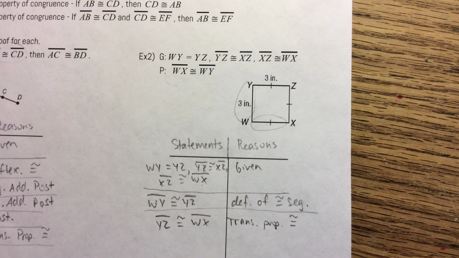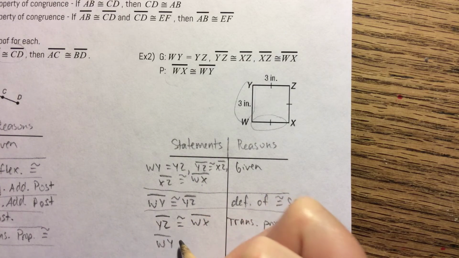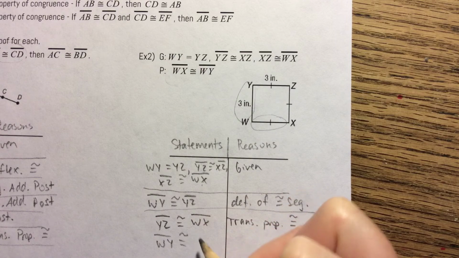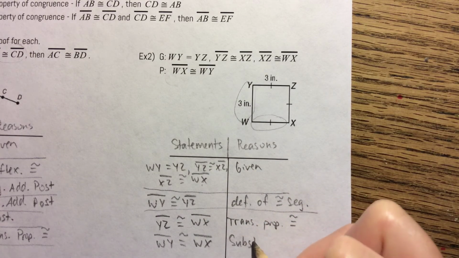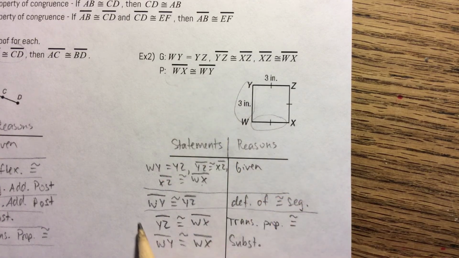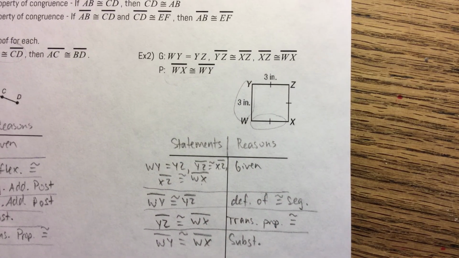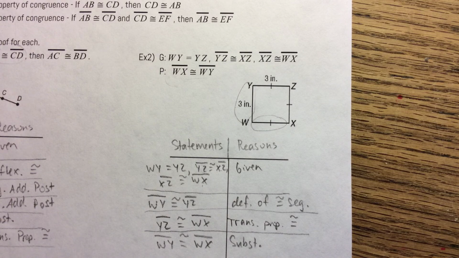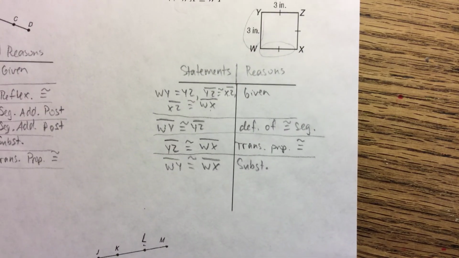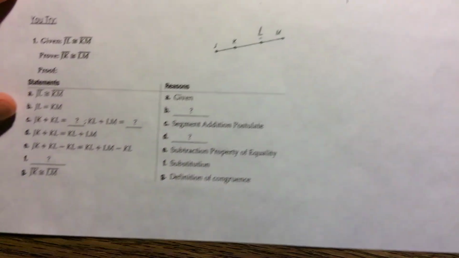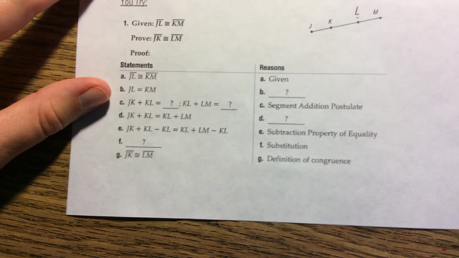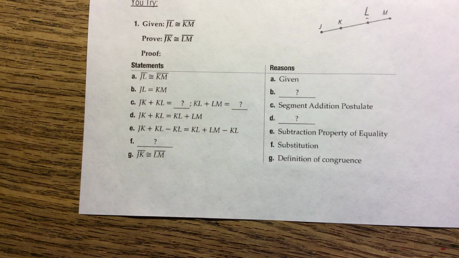So I'm going to substitute that in and say WY is congruent to WX by substitution, and that has gotten us to where we want to be then. Okay, so you have the one to try on your own here. This is fill in the blank, so you should be able to look at some properties and see what you can substitute in there, things that we have used.